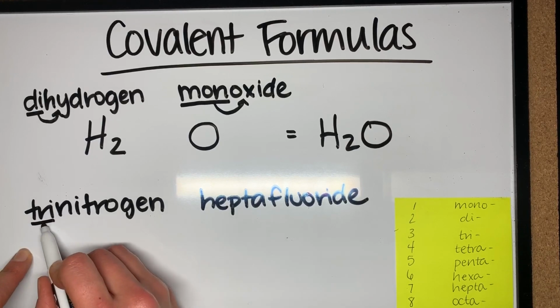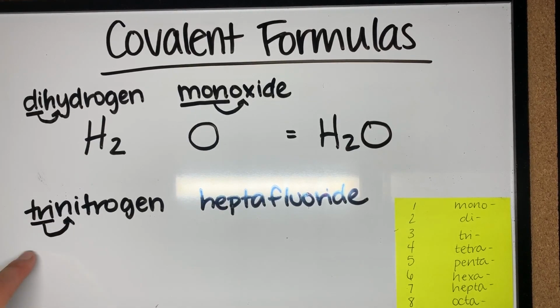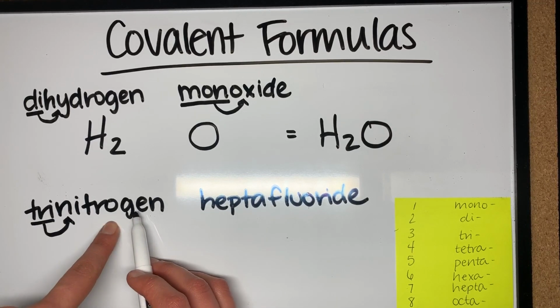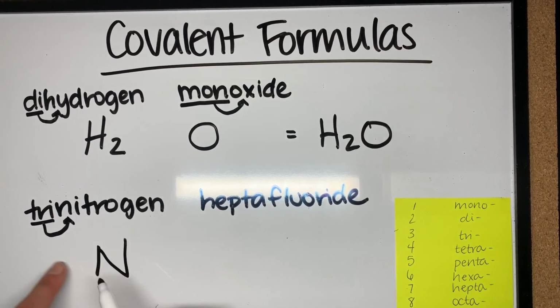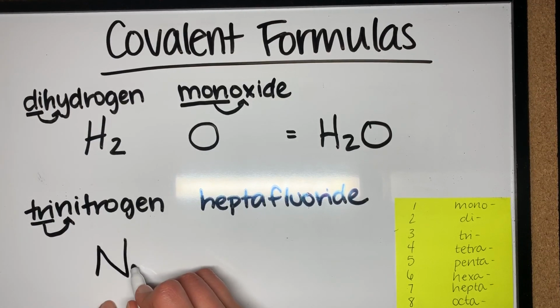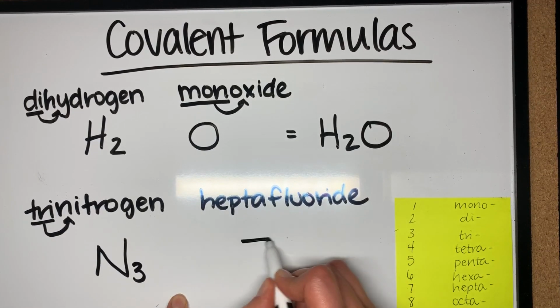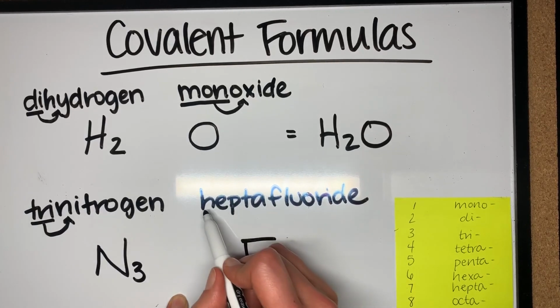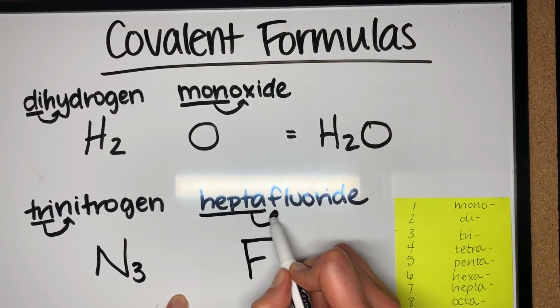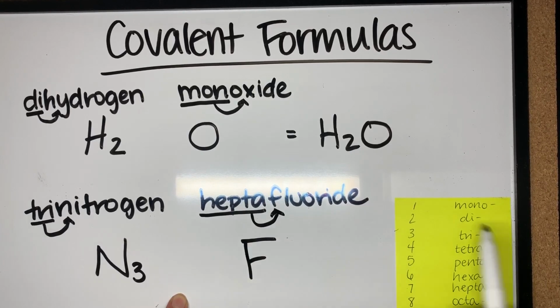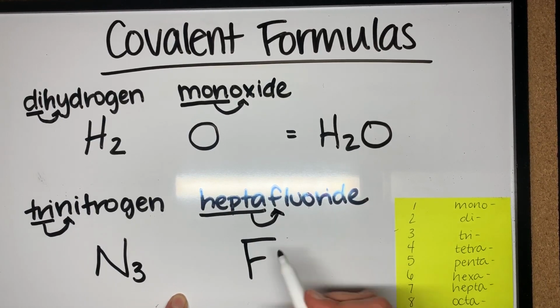Remember, the prefix is how many of that element there are in the compound. So trinitrogen, nitrogen is N, trinitrogen means there's 3 of them. Fluoride is F, fluorine. Hepta is telling me how many fluorines there are. Hepta is 7.